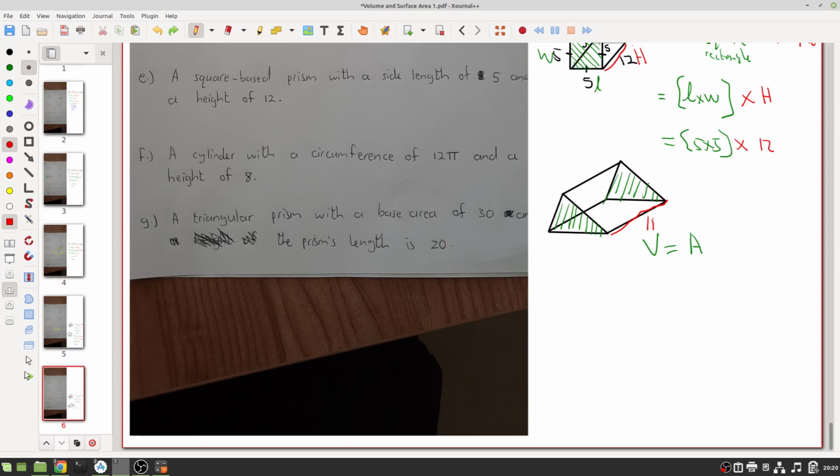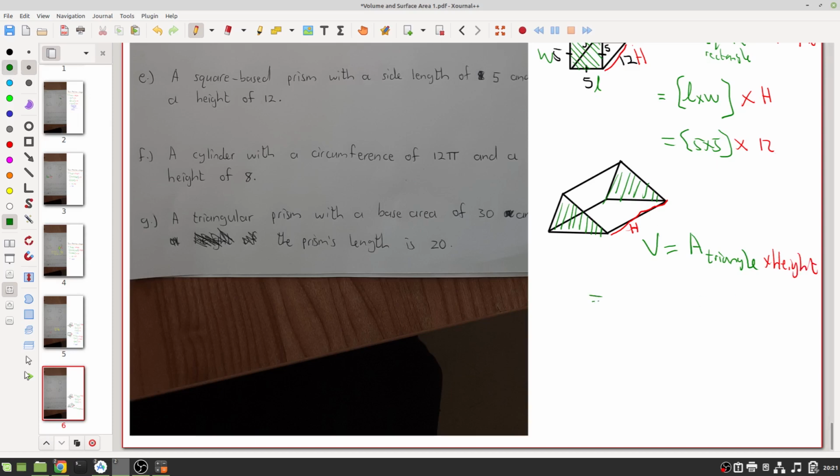Let me write here: area of the triangle, because the triangle is our base, so it's the area of the base times the height of the prism.